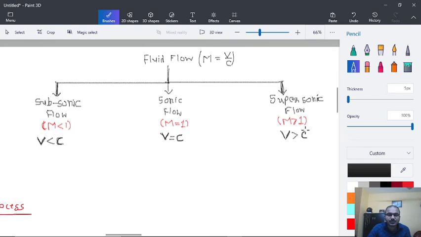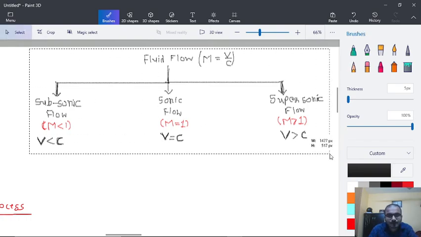So that is the classification of fluid flow based on the values of Mach number. So let's also copy this part quickly.